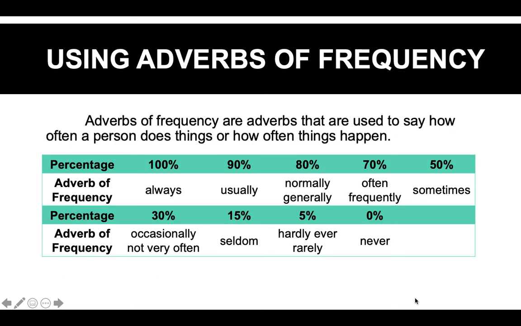Let's talk about using adverbs of frequency. In the simple present tense, adverbs of frequency are often used. Adverbs of frequency are adverbs that are used to say how often a person does things or how often things happen. On the left, you see things that happen always, 100% of the time, always.